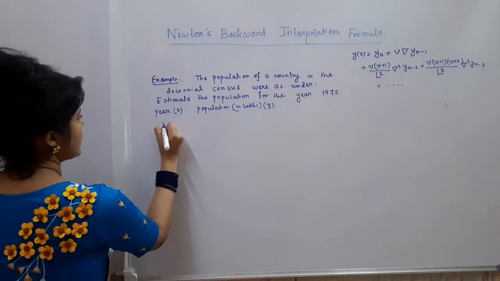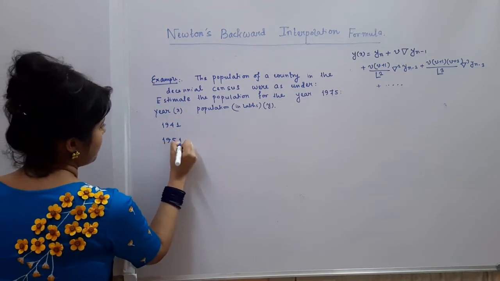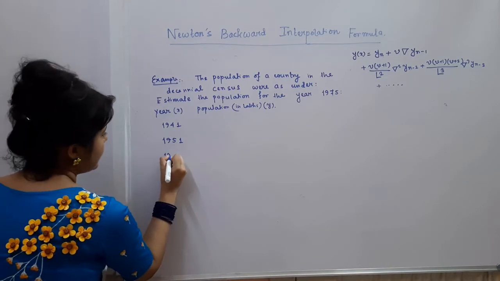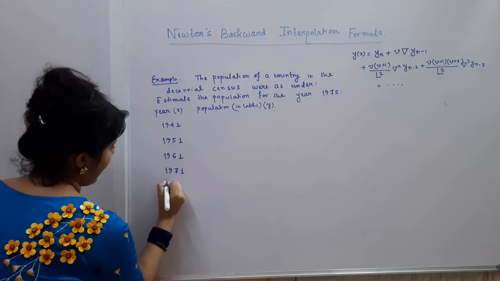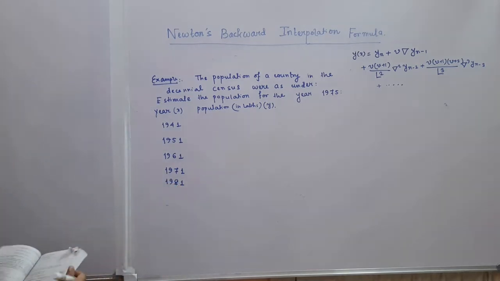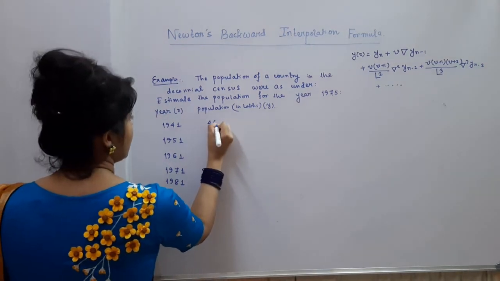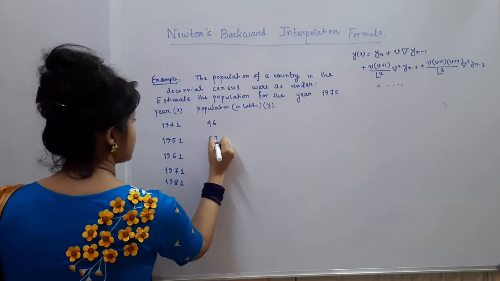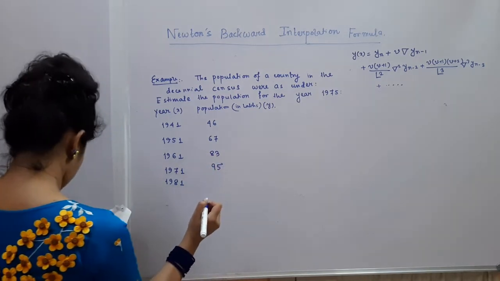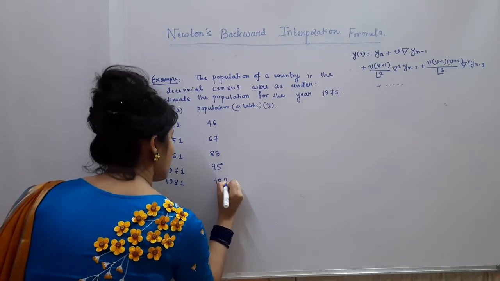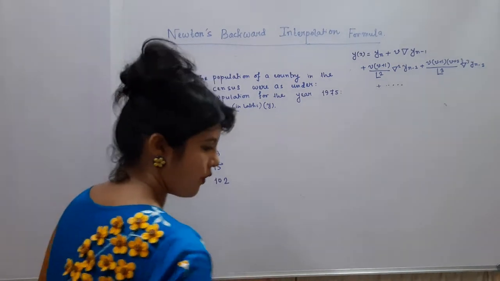So x is 1941, 1951, 1961, 1971 and finally 1981. And the corresponding populations are given by 46, 67, 83, 95 and finally 102. So this is X and this is Y.